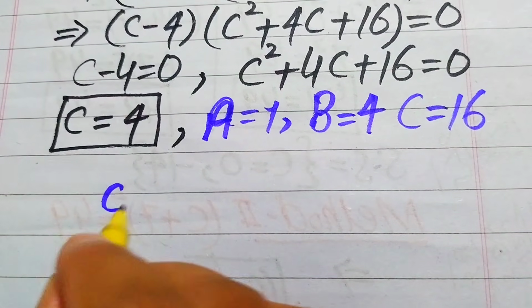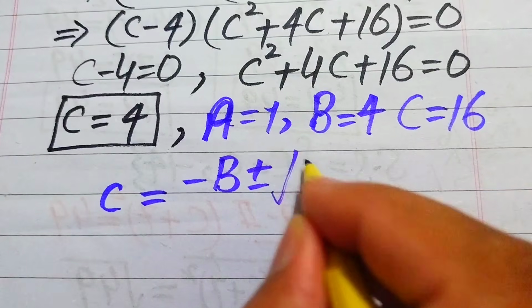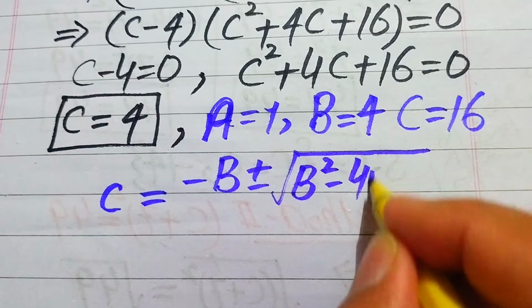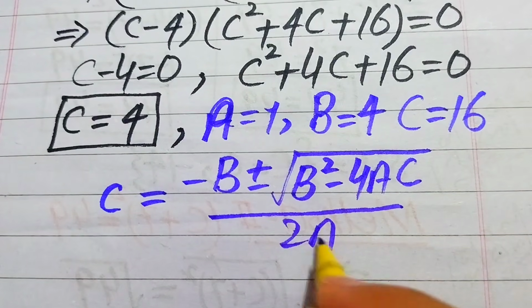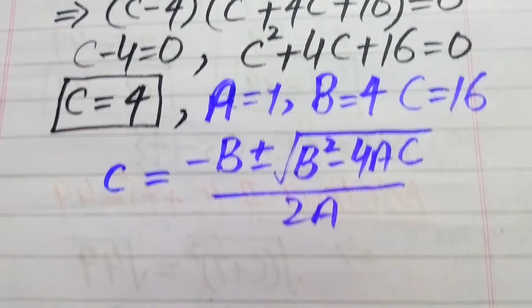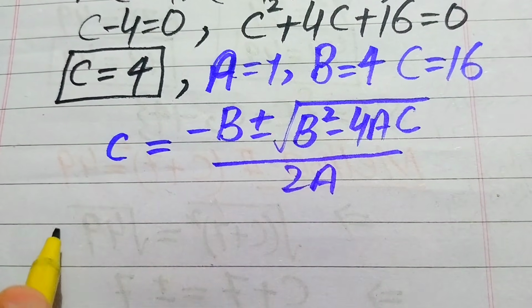And we state the quadratic formula as c is equal to minus b plus minus square root of b squared minus 4ac divided by 2a.